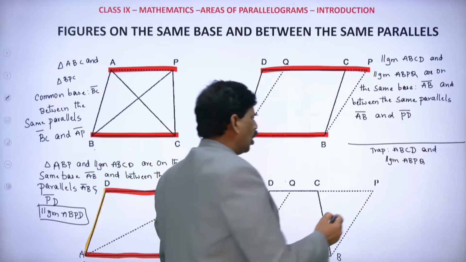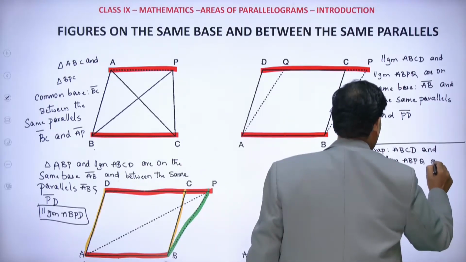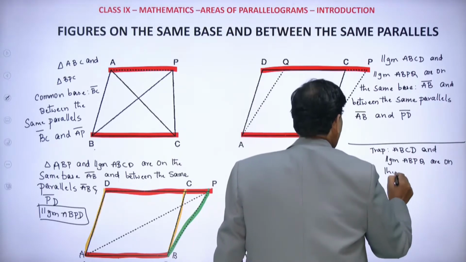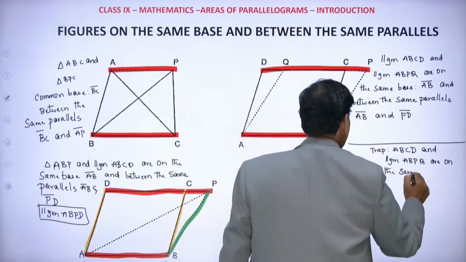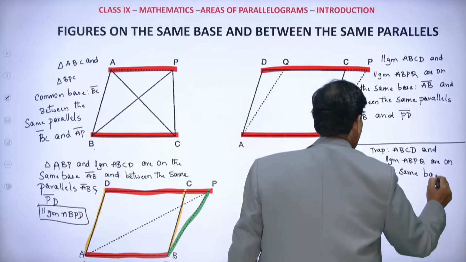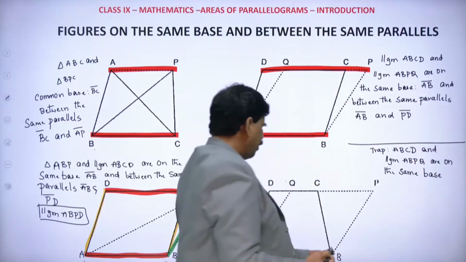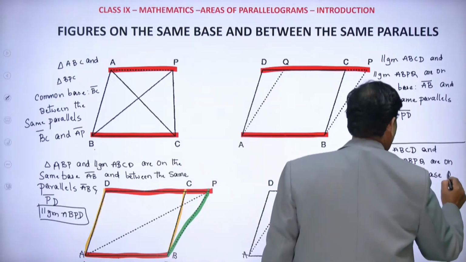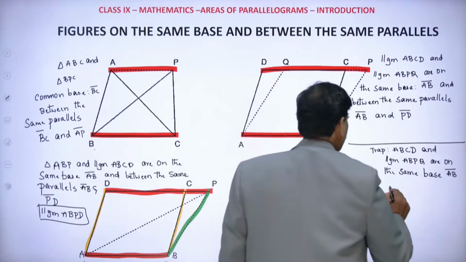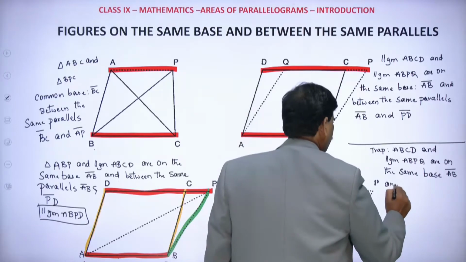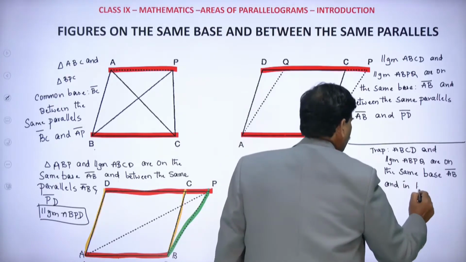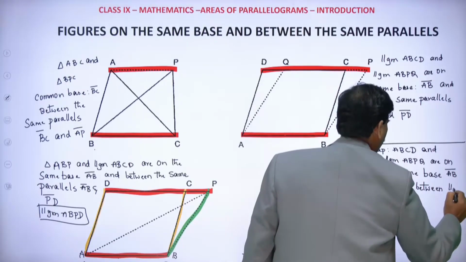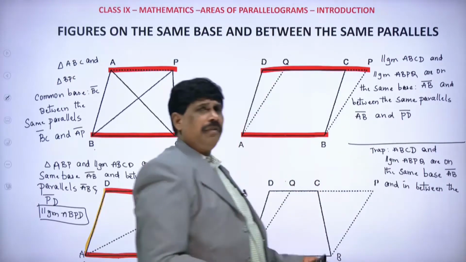So they are on the same base. What is the common base here? AB is the common base. They are on the same base AB, and in between the parallels.